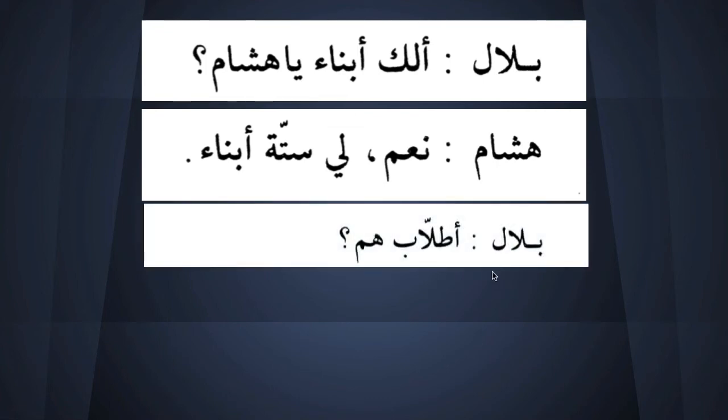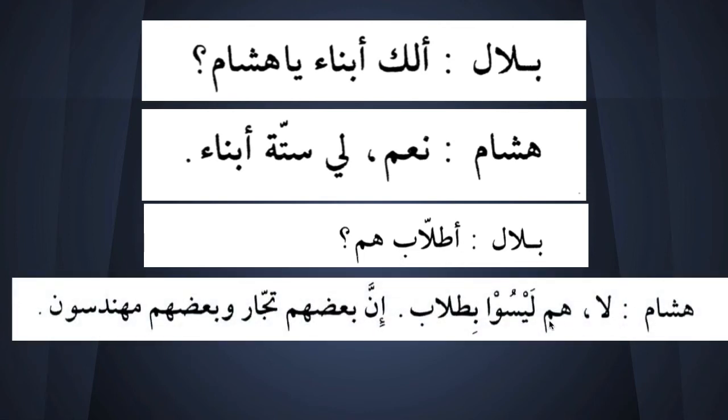So Bilal says, atullabum, are they students? Hisham says, la, laysu. See, now we are talking about the plural. Tullabu means a plural representing hum. So we say hum, laysu. So waw represents the ism laysa, which represents tullab. So it says, la hum laysu bitullabin.